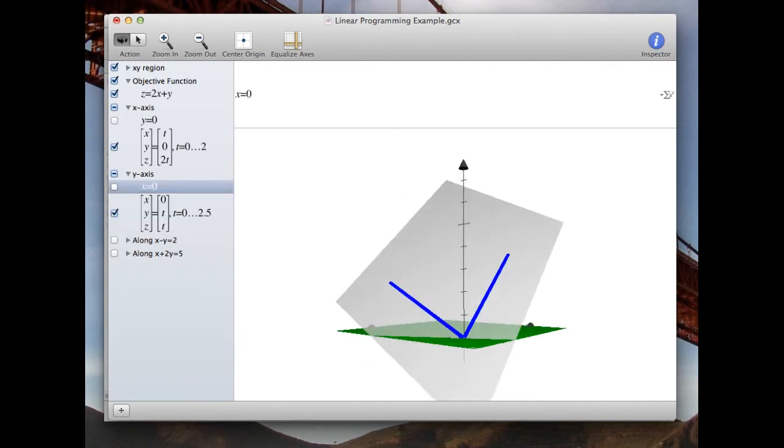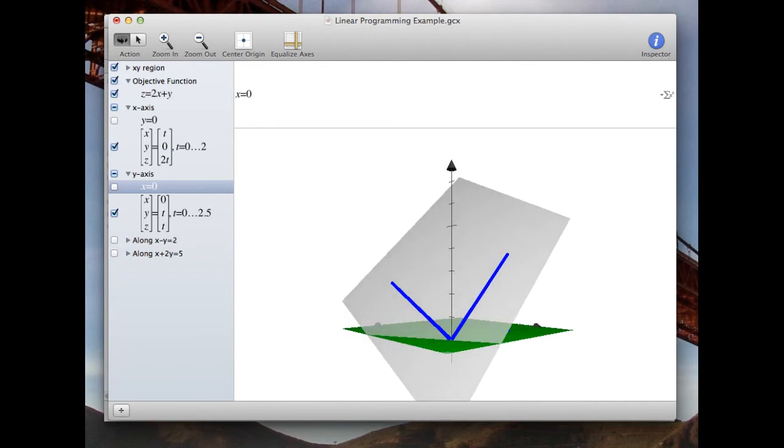So we see that, and you can tell now at this point that if you moved along the x-axis, you get a bigger value out of the objective function than moving along the y-axis. But still, at this point, the biggest values we get are at the corners, right? As far as we could go on the x-axis was 1 corner, and that's the highest it is. As far as we could go along the y-axis was another corner, and I can move up.